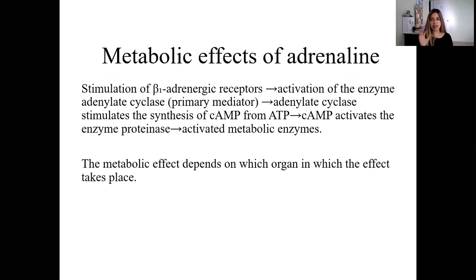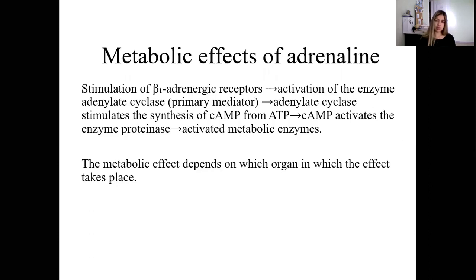What happens is activation of the enzyme adenylate cyclase if we stimulate beta-1 receptors. This adenylate cyclase is the primary mediator, the primary transmitter, okay? And then adenylate cyclase stimulates the synthesis of cAMP. cAMP, this is cyclic adenosine monophosphate, from ATP.